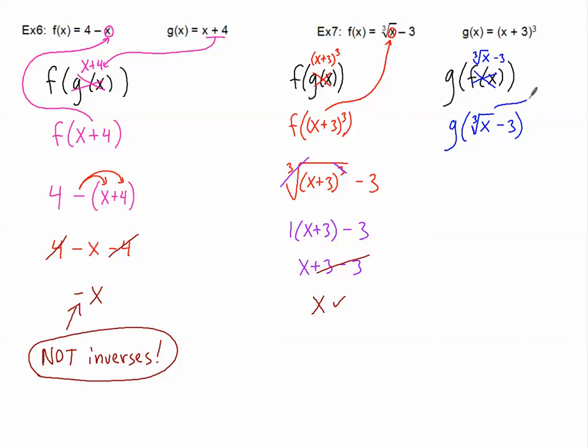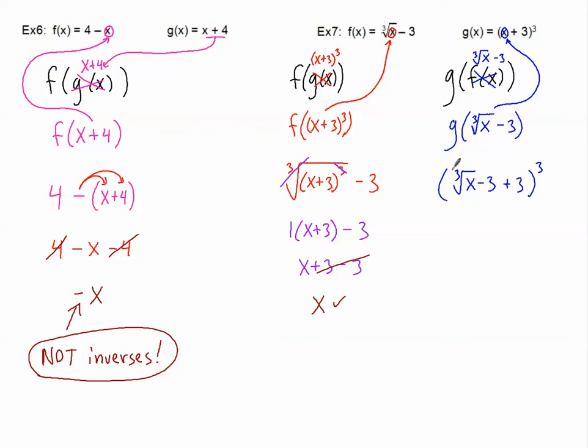So that means this whole g of x function is going to go right here. So I start off with the parenthesis, and then my new x, which is all of this stuff. So cube root of x minus 3, and then a plus sign, and then a 3, and then a parenthesis, and then a cube. The only thing that changed was this x.